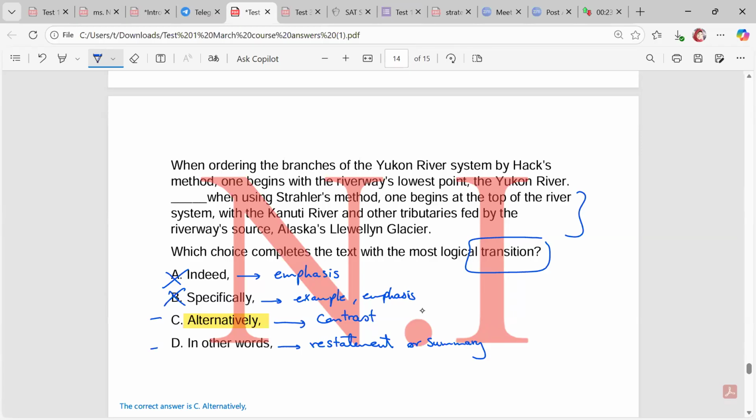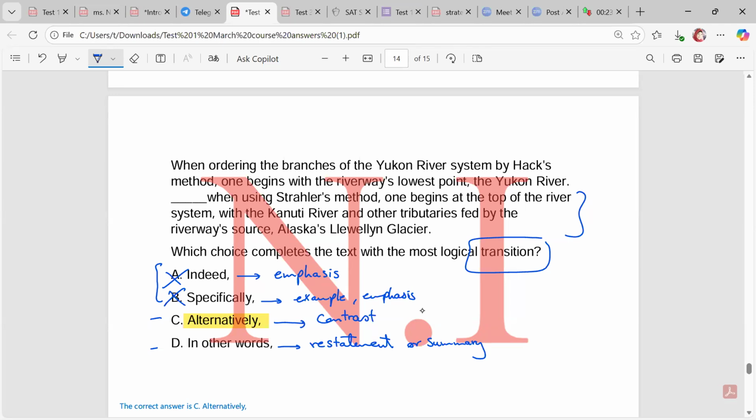As you can see, the transitions that convey the same relationship will be cancelled. But if I didn't memorize that indeed and specifically are very similar, you might be facing a problem. So that's why I'm telling you, you must memorize the most frequently tested transitions and their relationships.